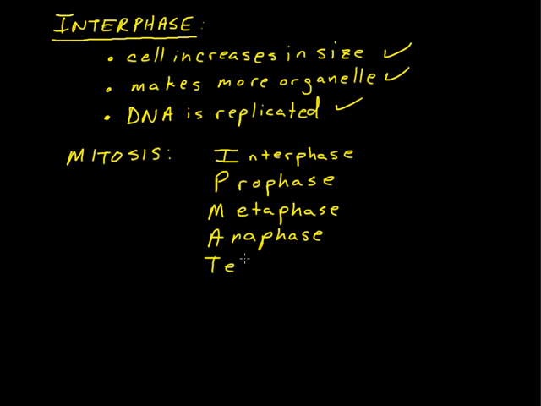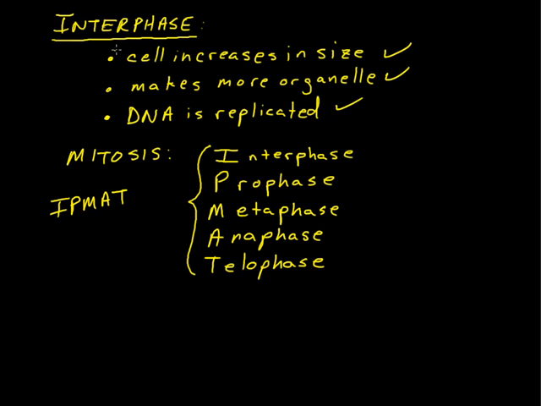And finally, we have telophase, which wraps everything up, at which point we will then have two complete cells. So to remember the order in which these phases occur, you can just remember this made-up word here, IPMAT, I-P-M-A-T, and I'm sure there are a few mnemonic devices for this. You could probably Google something and find a catchy little sentence that you could remember. I've just always remembered IPMAT, and that helps me remember the order.